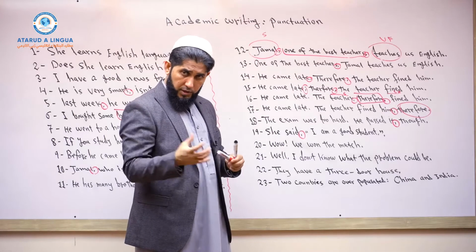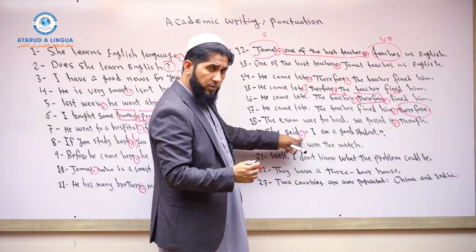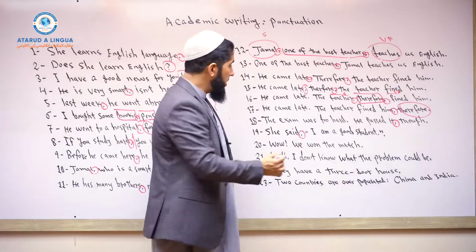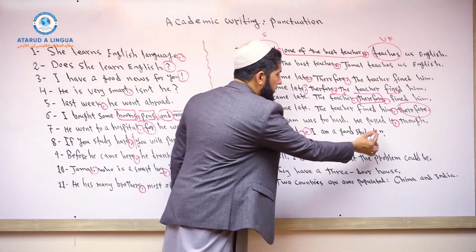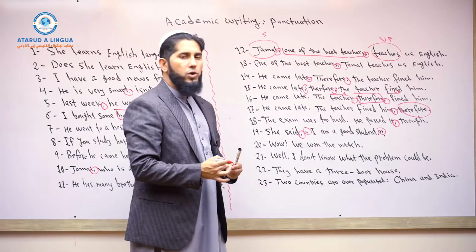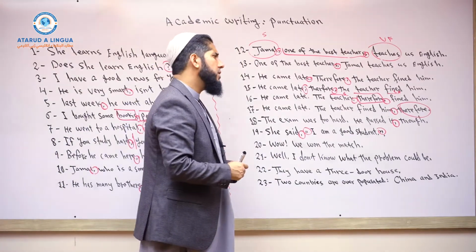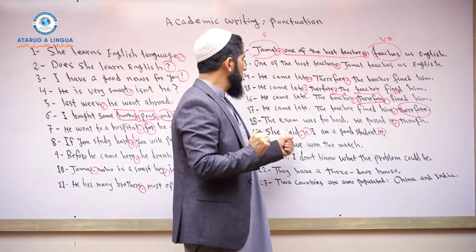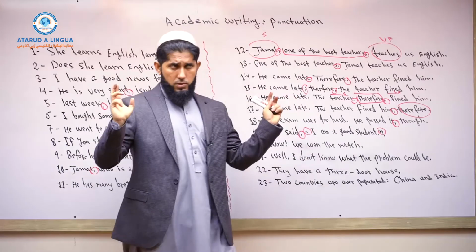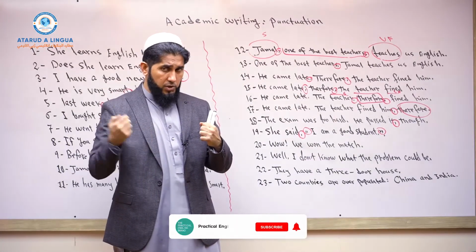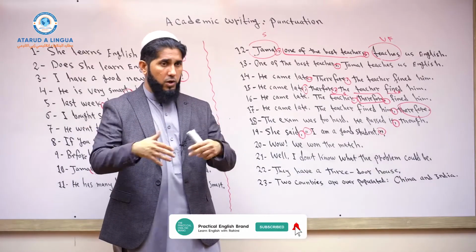If you're using direct speech, you need a comma between the reporting speech and the reported speech. And here you see inverted commas, or what do we call them? Inverted commas or quotation marks. We use quotation marks when we bring direct speech, when we bring somebody's speech in his or her own words without any changes.